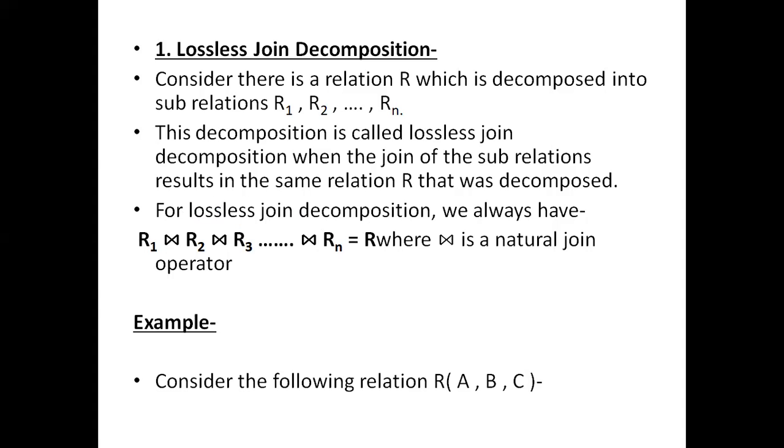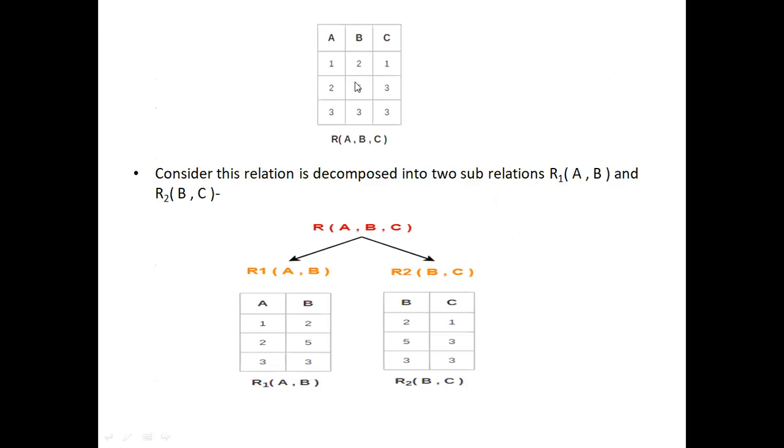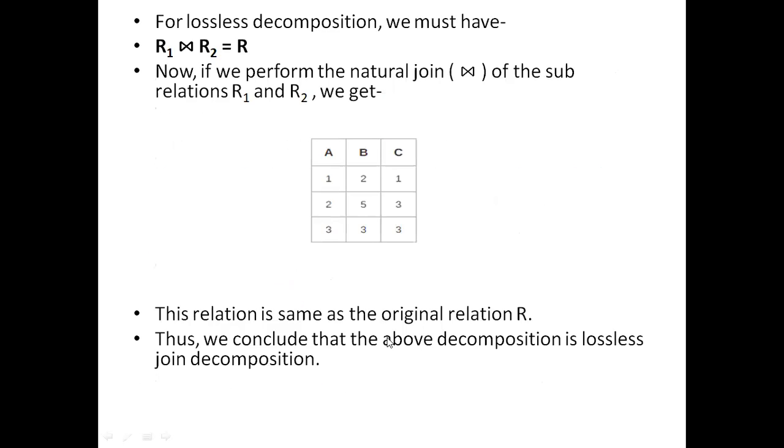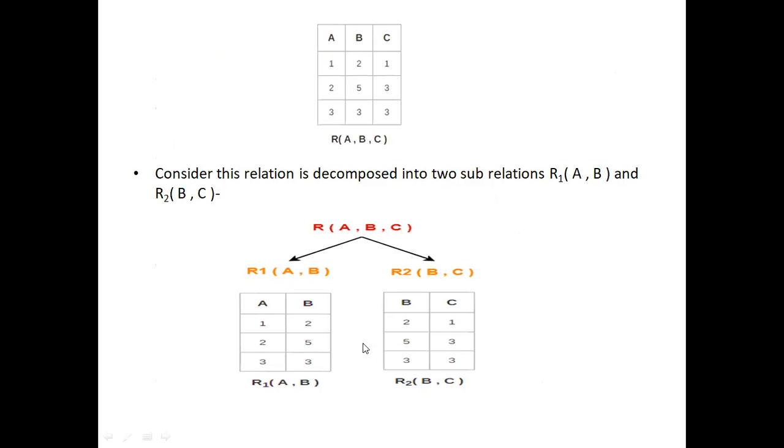For example, consider the following relation. One relation R, meaning a table, has attributes, meaning columns, A, B, and C. You can see this on your screen. I am decomposing this, splitting it into two sub relations, R1 and R2, where R1 maintains attributes AB and R2 maintains attributes BC. Now if I join them, how will we join?